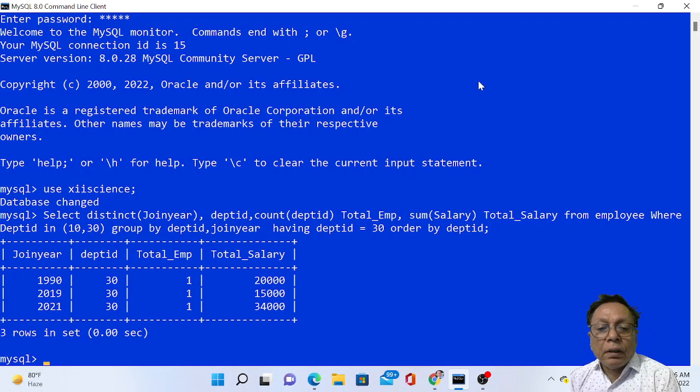So here you see, year wise total number of employees: in 1990 there is only one employee.